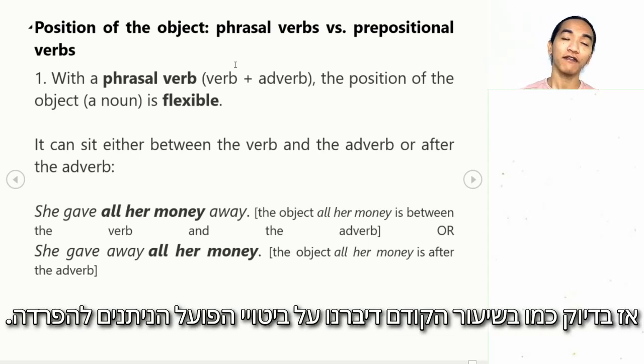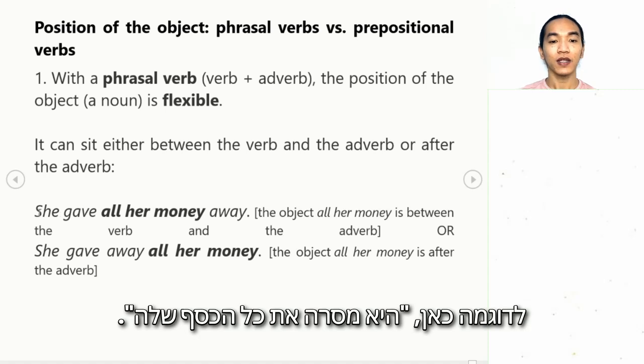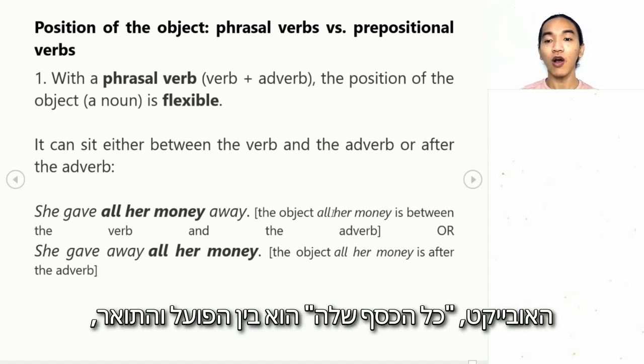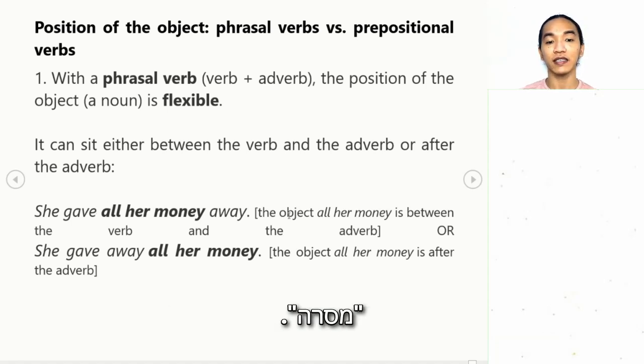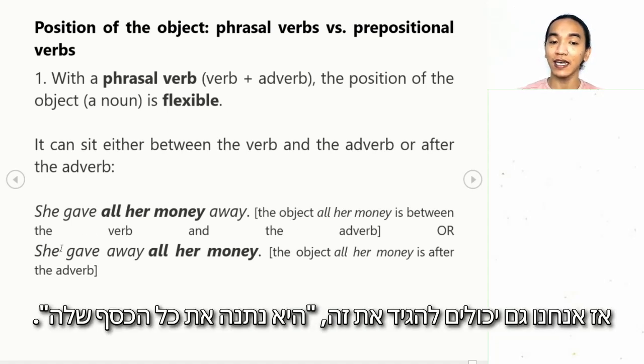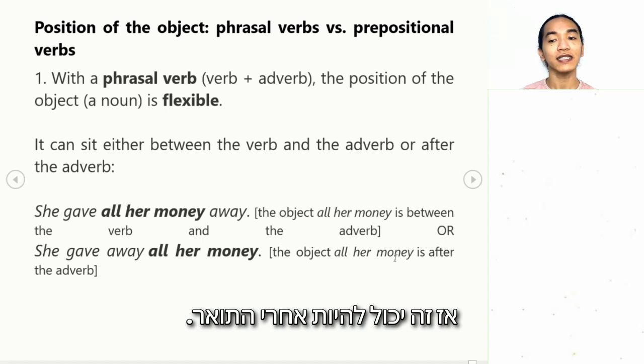Just like from the previous lesson, we talked about the separable phrasal verbs. For example, she gave all her money away. The object, all her money, is between the verb and the adverb, gave and away. So we can also say, she gave away all her money. This can be after the adverb.